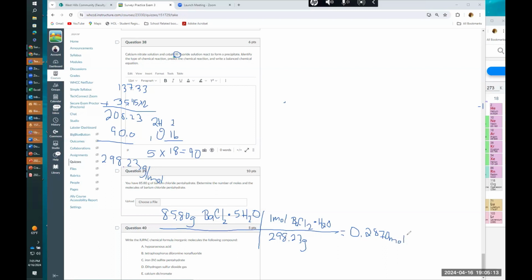Moles of barium chloride dot 5H2O. Okay, so that would give me my moles. And now we want molecules. So what do we need to multiply this by to get molecules?